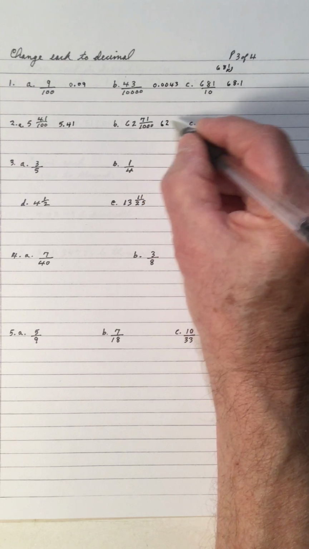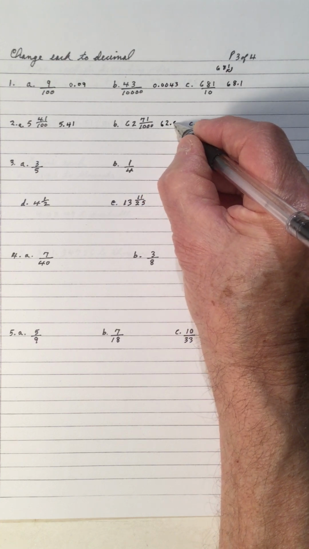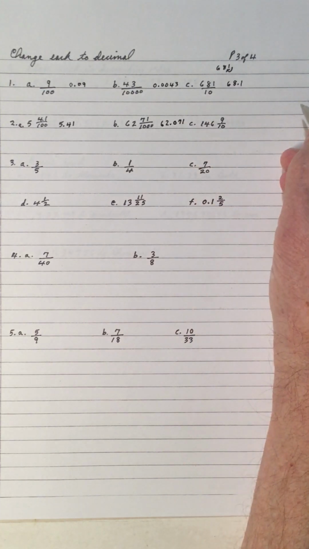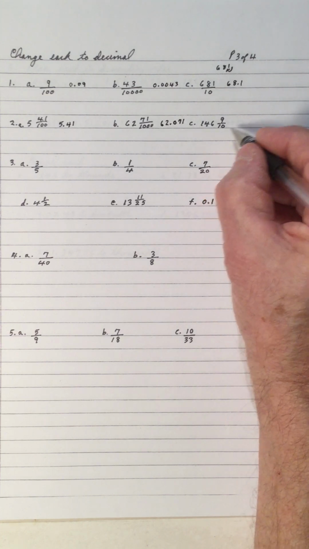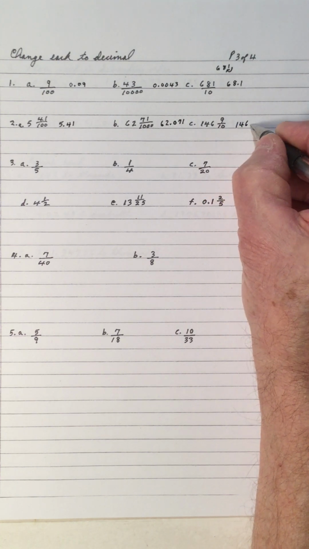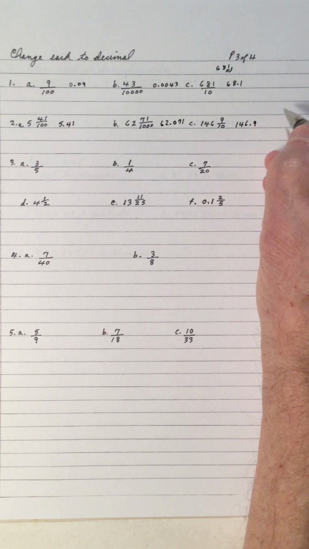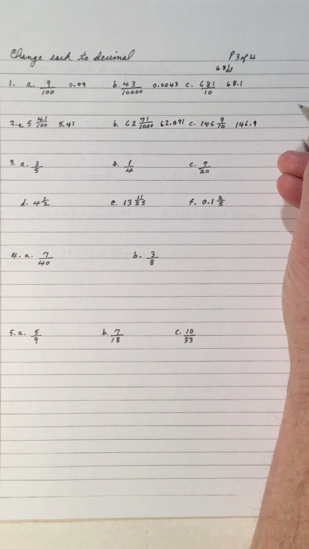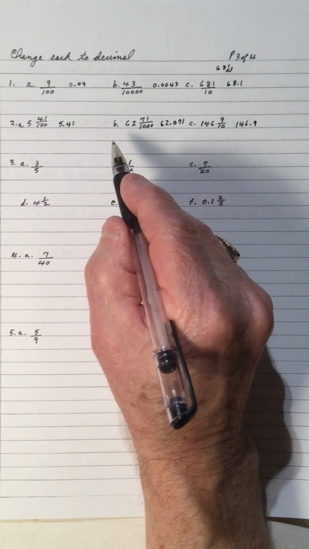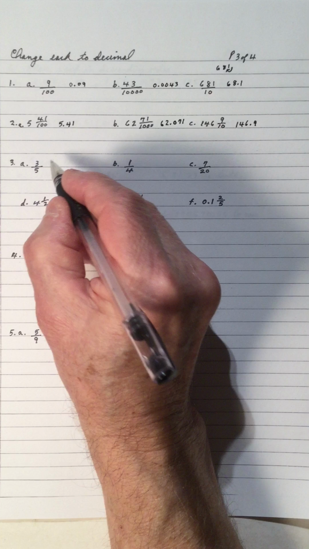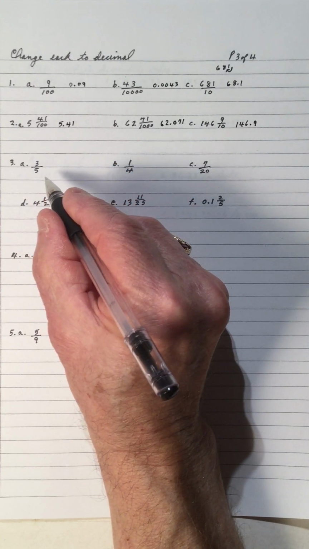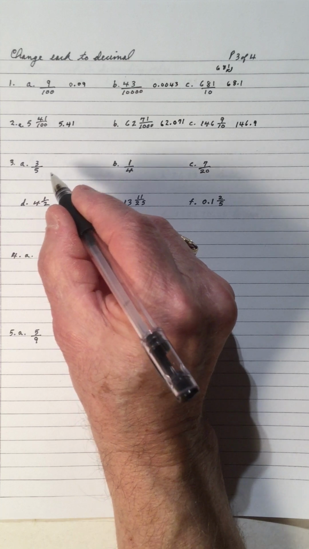The 1 is in the thousandths place, so that's tenths, hundredths, thousandths. And we have 146. 9 tenths is 0.9. Now these up here are out of tens, hundreds and thousands, etc., but these are not. So one way is to make sure your denominator can be expressed as 10, 100, or 1,000.